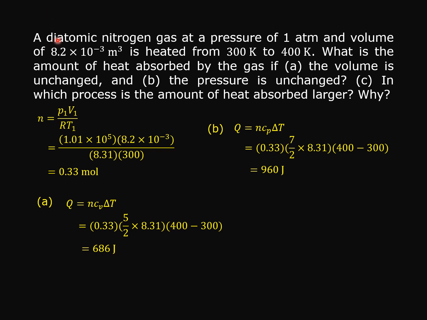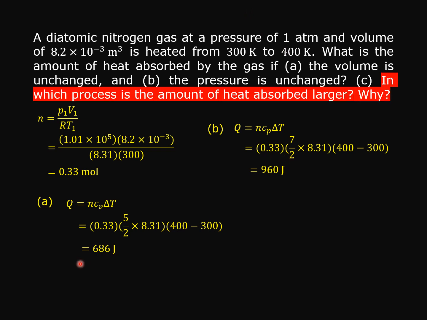Cp for the diatomic gas is 7 over 2 R, R is the gas constant, and delta T again is 100 Kelvin. So we get the answer for Q in this case is 960 joule. This is the heat required to increase the temperature of the gas from 300 to 400 K without changing the pressure.